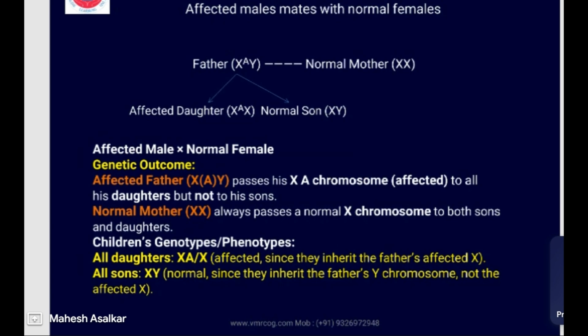So all daughters will have X affected X, so they will be affected since they inherit the father's affected X, and all sons will have XY, so they will be normal since they inherit the father's Y chromosome, not the affected X. This is X-linked dominant.